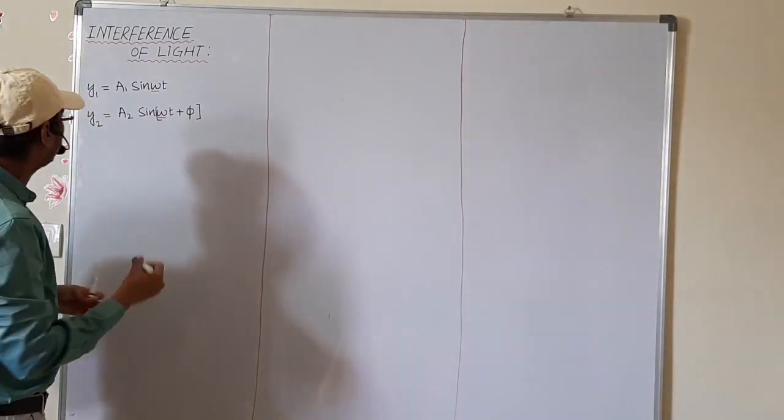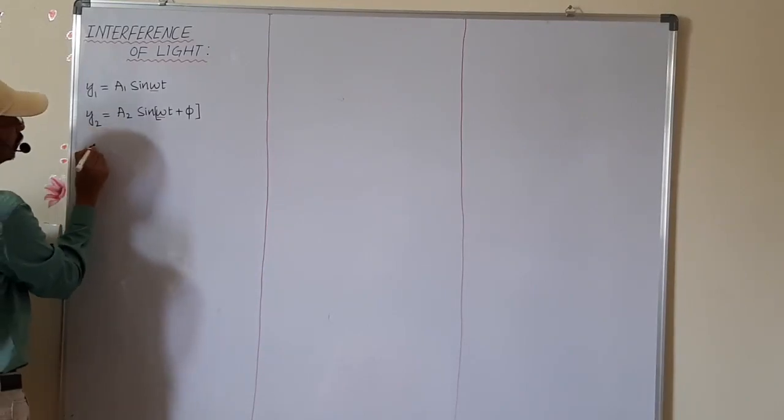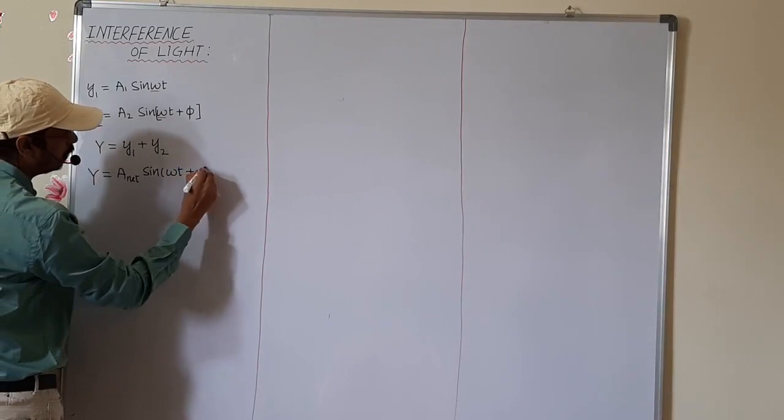Before discussing this, we have to take the superposition. What is superposition? y equals y1 plus y2. Already we have discussed this. Then y equals A net sin(omega t plus alpha).